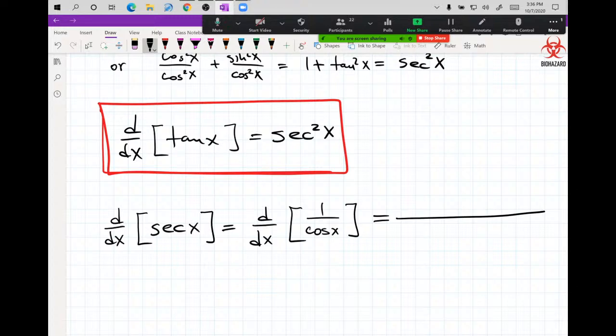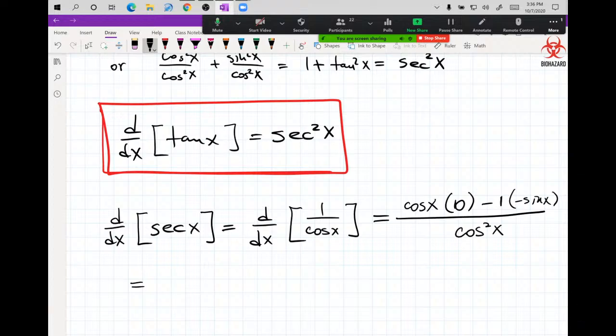So let's see. Again, cosine squared down there, cosine x here, derivative of 1 is 0, minus cosine times the derivative of cosine, which is negative sine. So that was the quick quotient rule formula.